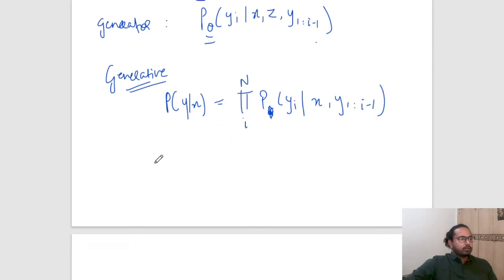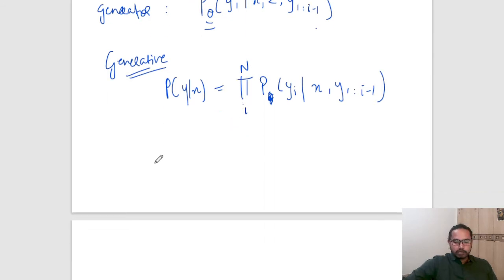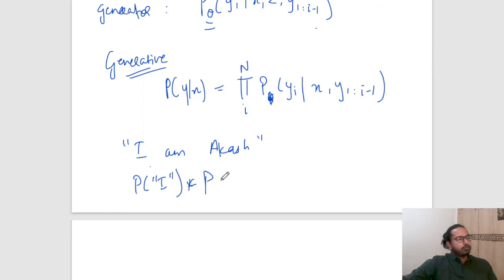So if I try to explain this simply, let's say our target sequence is I am Akash. The probability of getting this target output sequence is the probability of getting the token I times the probability of getting the token am times the probability of getting the token Akash.